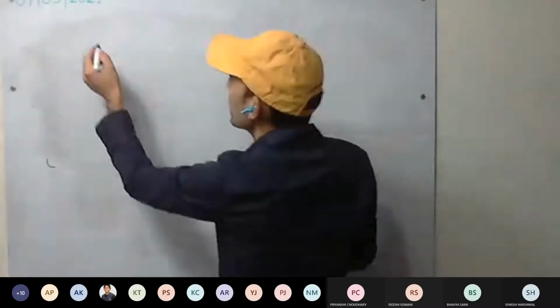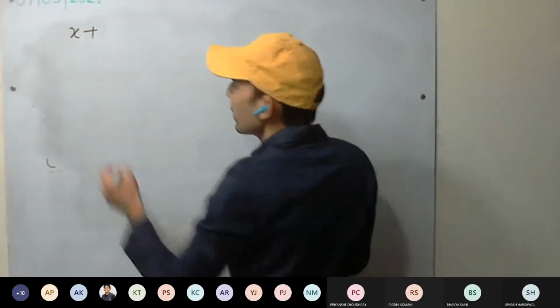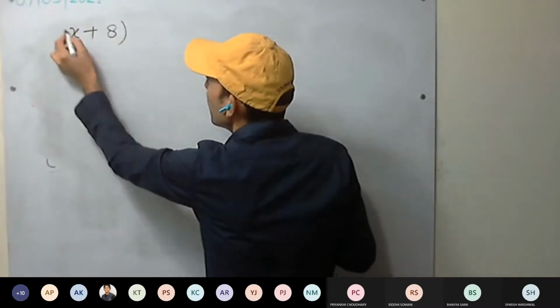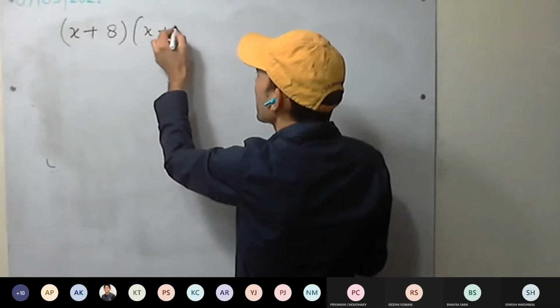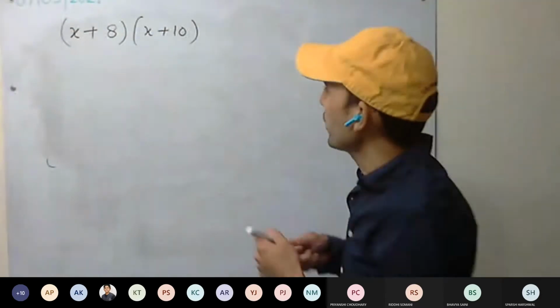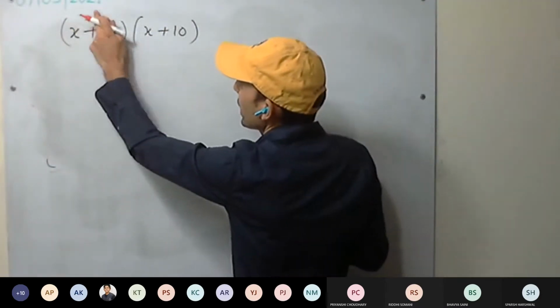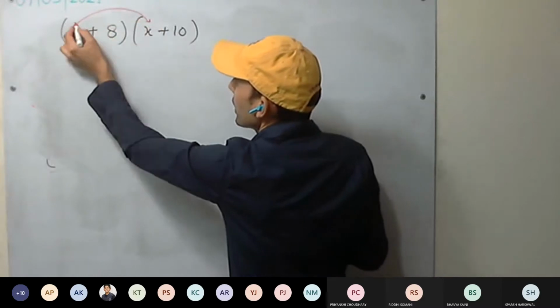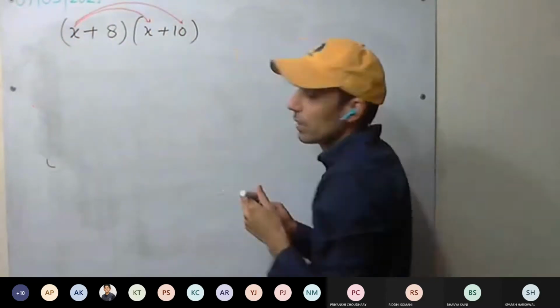So we have (x + 8)(x + 10). Do the multiplication. First, if you open the bracket, x will be multiplied with this one, and x will be multiplied with this one.